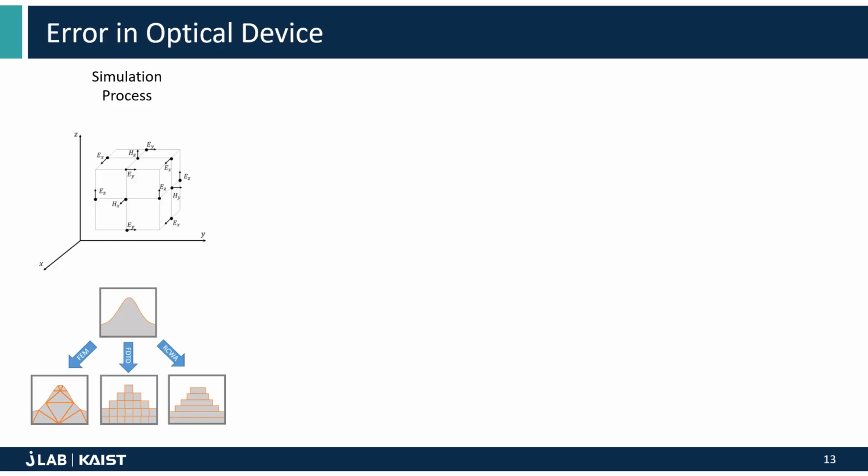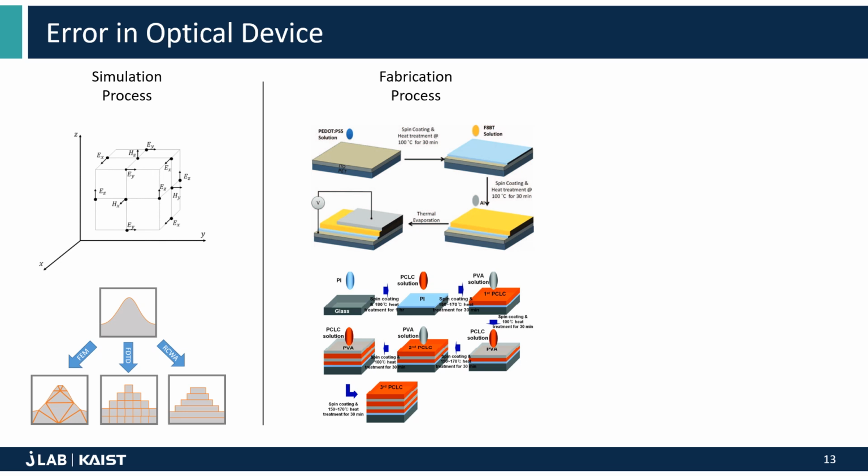In real-world applications, several types of errors can arise. First is simulation error, which occurs when using approximate methods such as perturbation theory, which rely on certain assumptions. Second is fabrication error that happens during the manufacturing process, often due to limitations of control or precision.